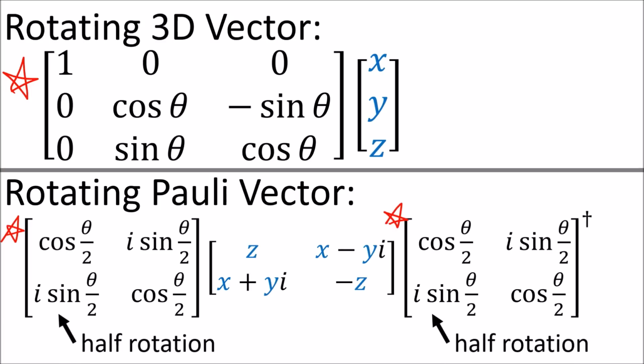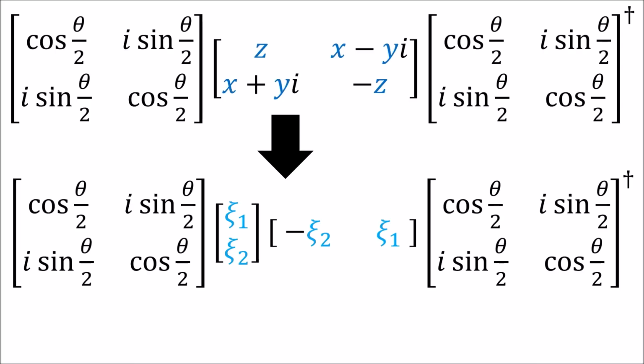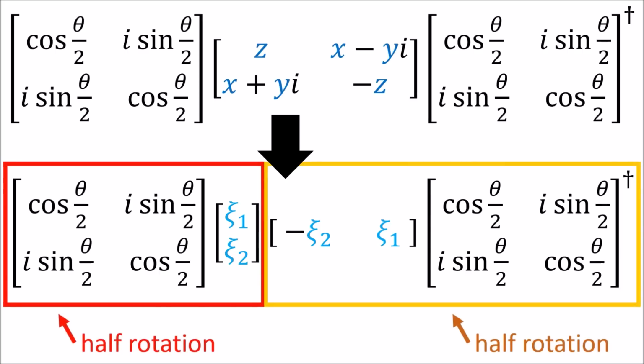Each matrix is responsible for half of the rotation. If we then factor our polyvector into a pair of polyspinors, notice that each spinor only gets one rotation matrix. So each spinor only rotates half as much as the vector does, just like we saw with quantum spin states and polarization states of light.